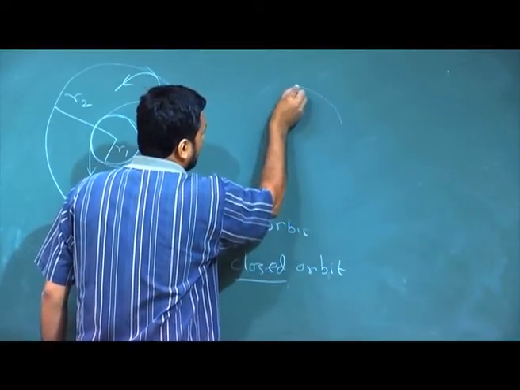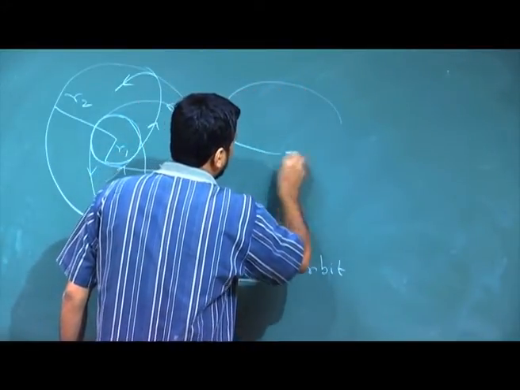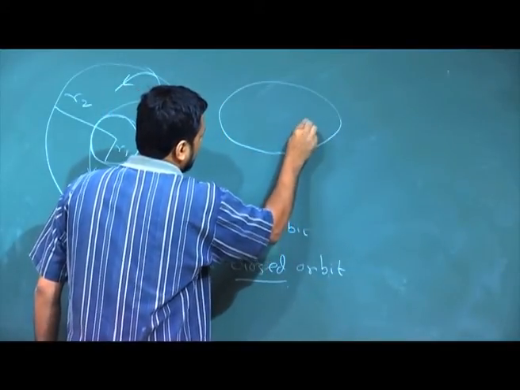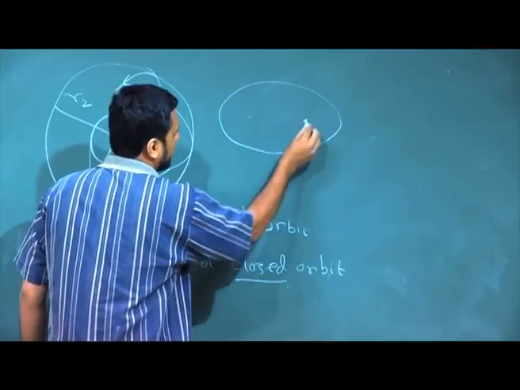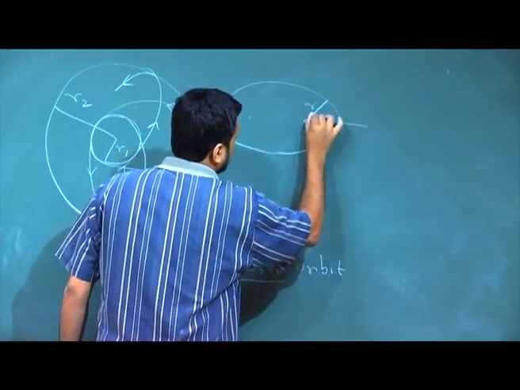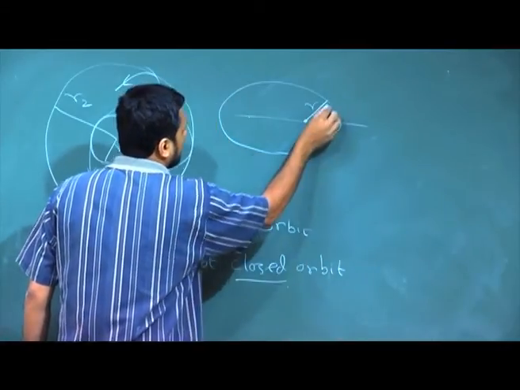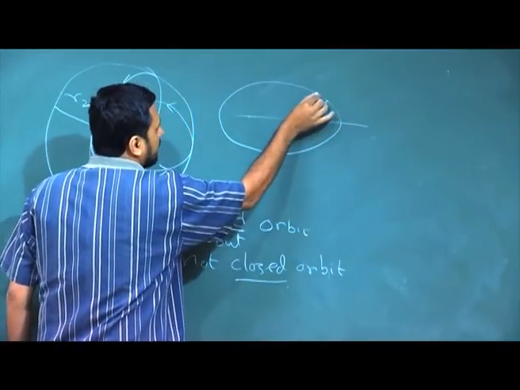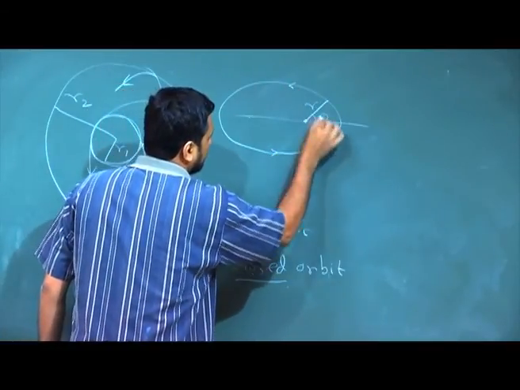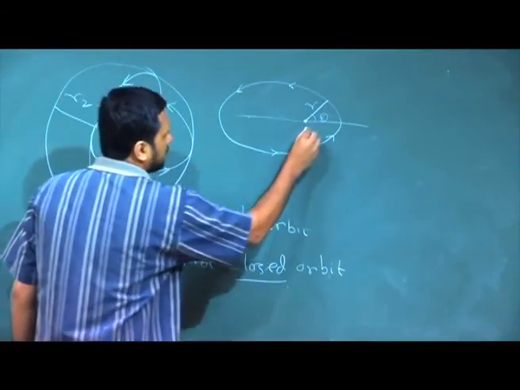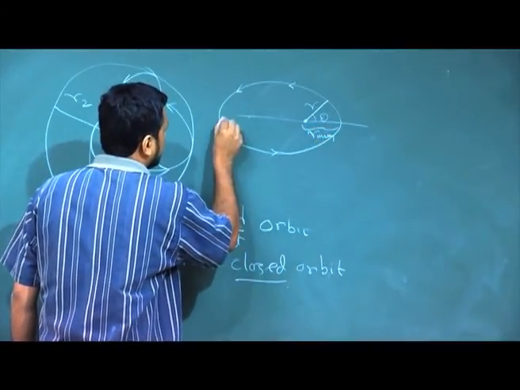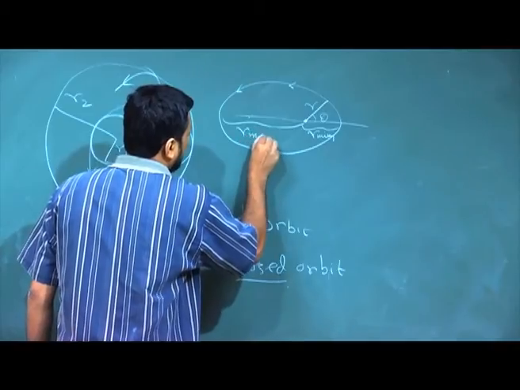In an elliptical orbit, the force center is one of the foci, and this is my r, this is my theta. The particle keeps moving on this elliptical orbit over and over again. This is my R min and this is my R max.